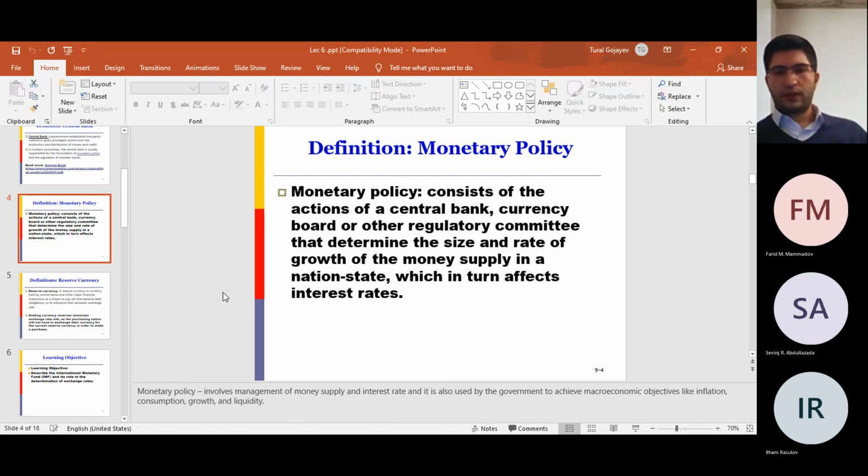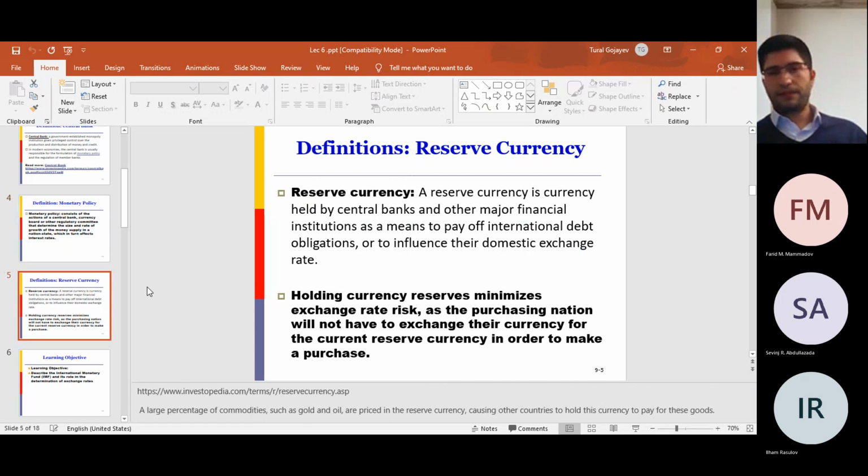After this, reserve currency. We have also talked about the reserve currency, and if you remember, I said mostly the reserve currency is held in dollars, but there can be some alternatives. But dollars are accepted as the reserve currency in the world.